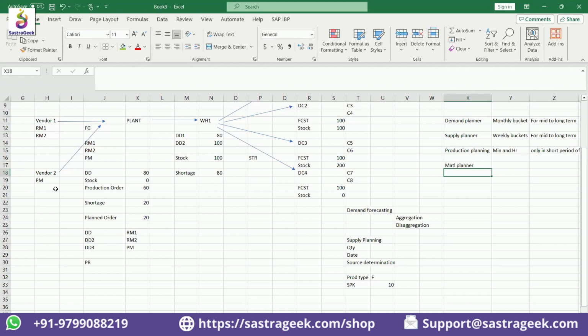So a person who is responsible or probably working in the MM area would be able to closely relate this activity, right? Where we talk about creation of purchase requisitions and then converting them into purchase orders. So this would also be on a day or weekly level, right? From mid to long term also. That's the purpose of the purchase requisition creation.